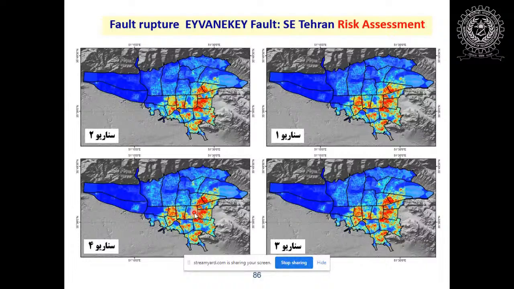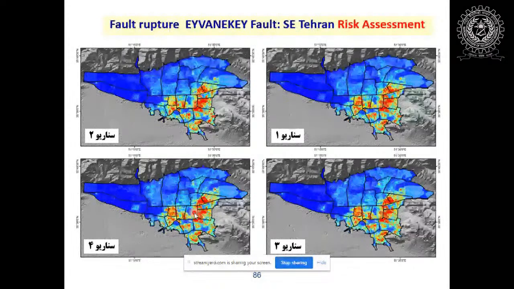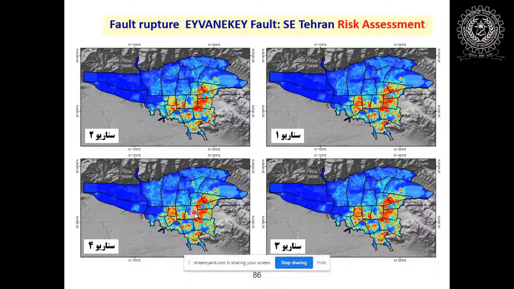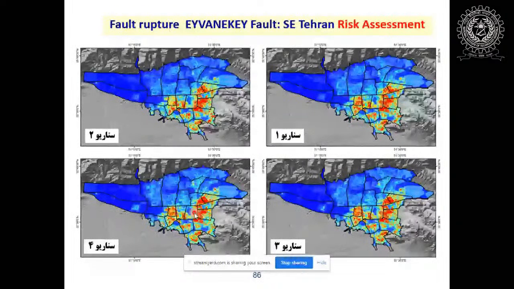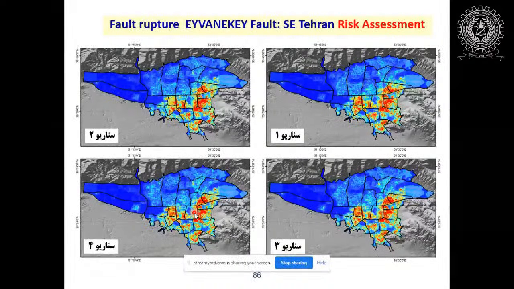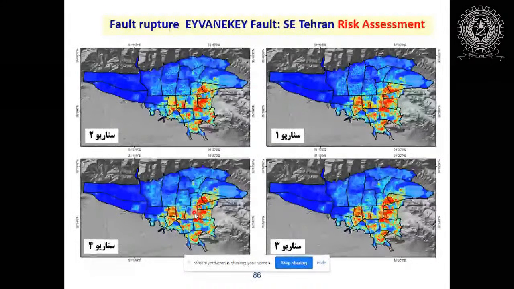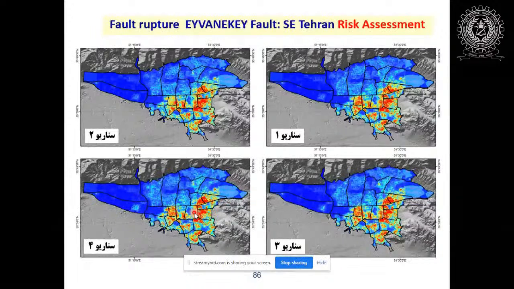Therefore, you see that if we include the possibility of earthquake occurrence on these seismic gaps, we may obtain the results as PGA level and earthquake risk level in different forms.